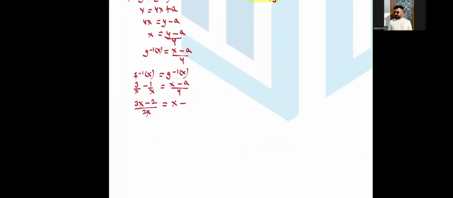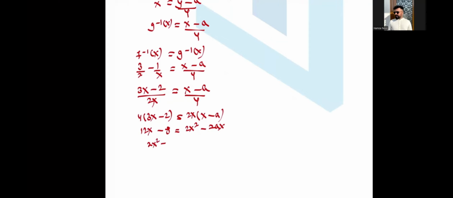This is equal to (x minus a) completely over 4. So I'm going to do cross multiplication over here. So 4 times (3x minus 2) is equal to 2x multiplied by (x minus a), meaning 12x minus 8 is equal to 2x squared minus 2ax. So now I'm going to collect all of the terms on one side.